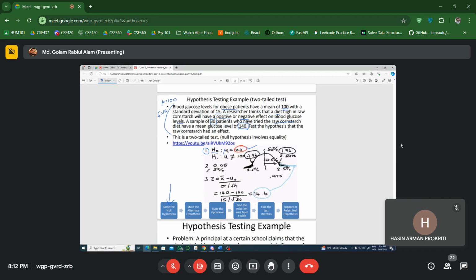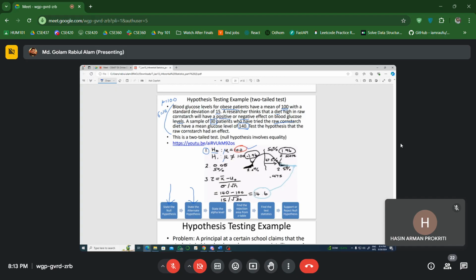Now we have to write the alternate hypothesis. From our observation, we think that raw corn stress will have a positive or negative effect, so the mean value can be increased or decreased.